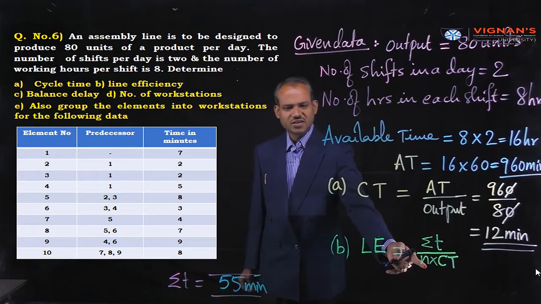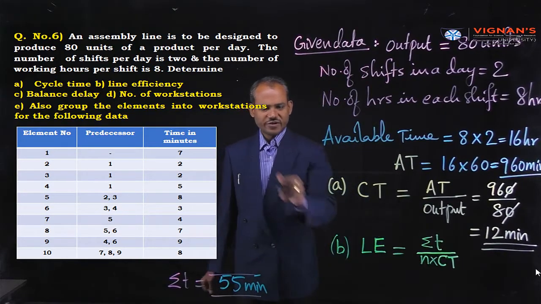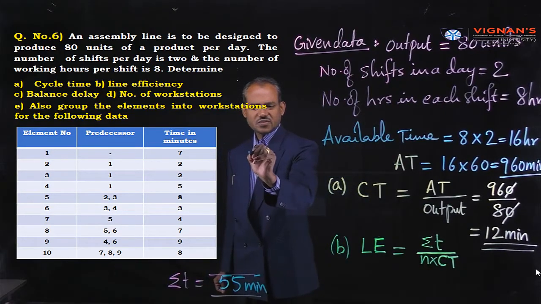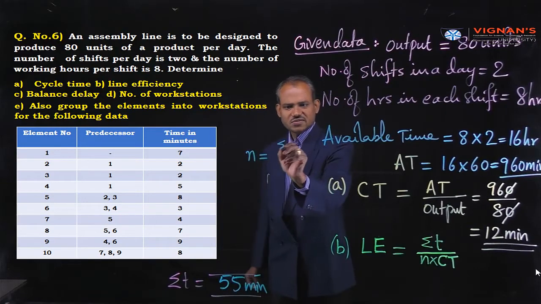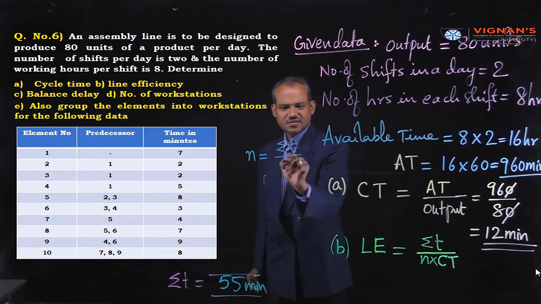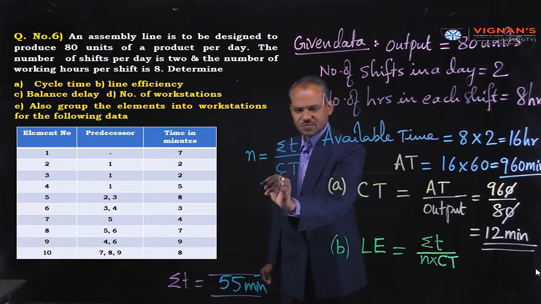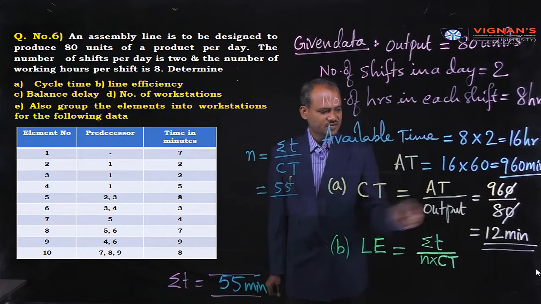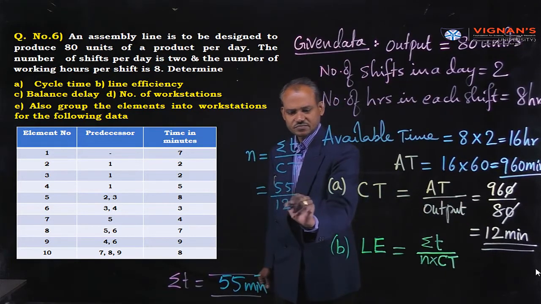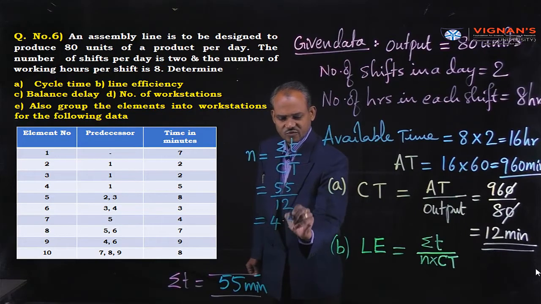We don't know the N value, where N is the number of workstations. The formula for the number of workstations is N equal to sigma T by CT. Sigma T means 55 divided by CT means 12. It becomes 4.5.